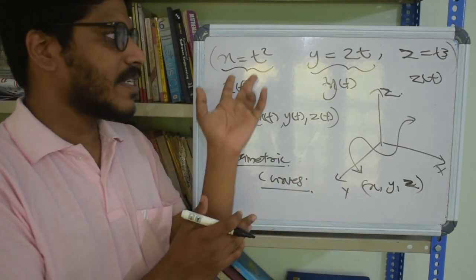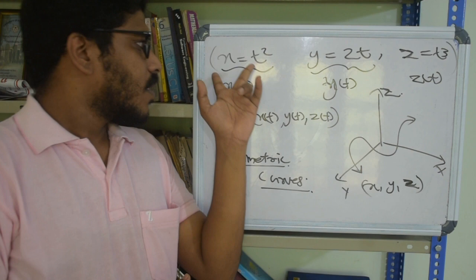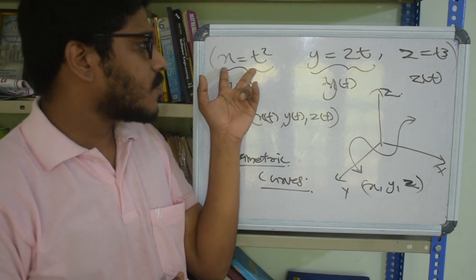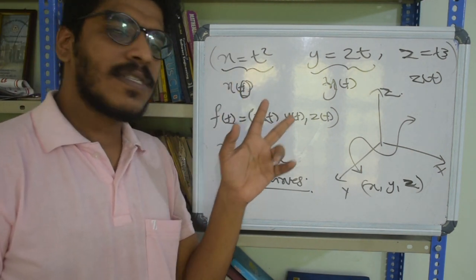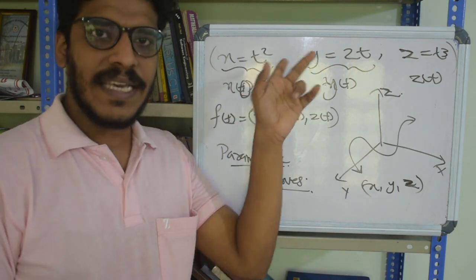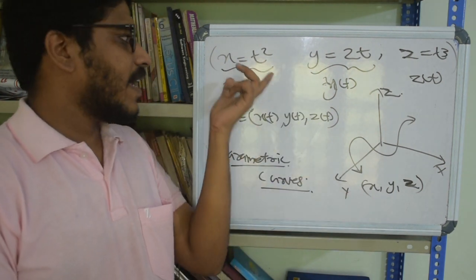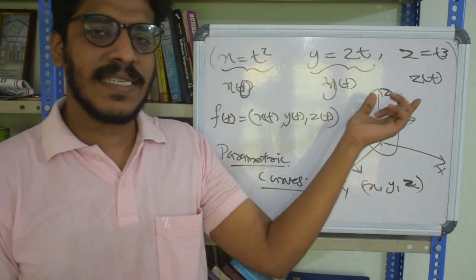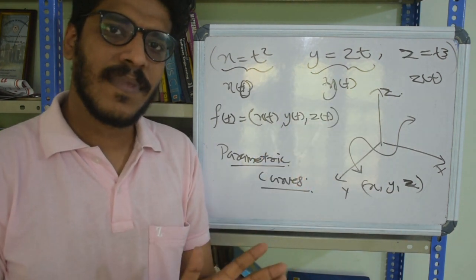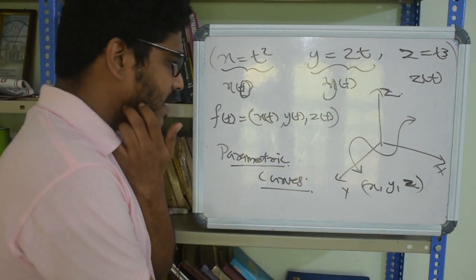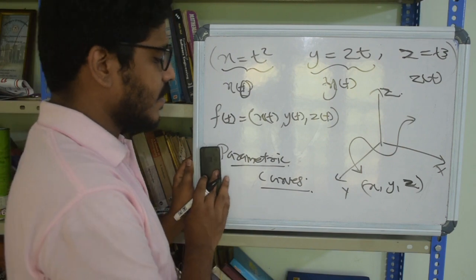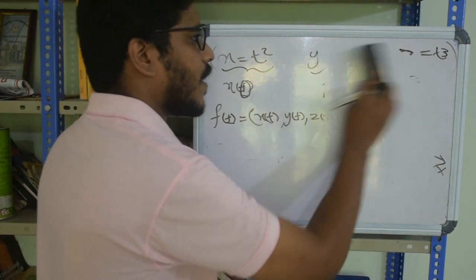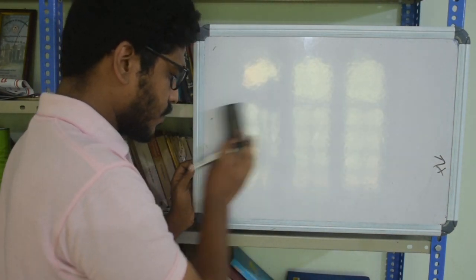What is a parametric equation? Instead of directly defining in terms of x, y and z, we use a parameter t or whatever, and we explicitly define x, y and z in terms of t. We will see examples and things will be much clearer then. So this is about parametric curves.